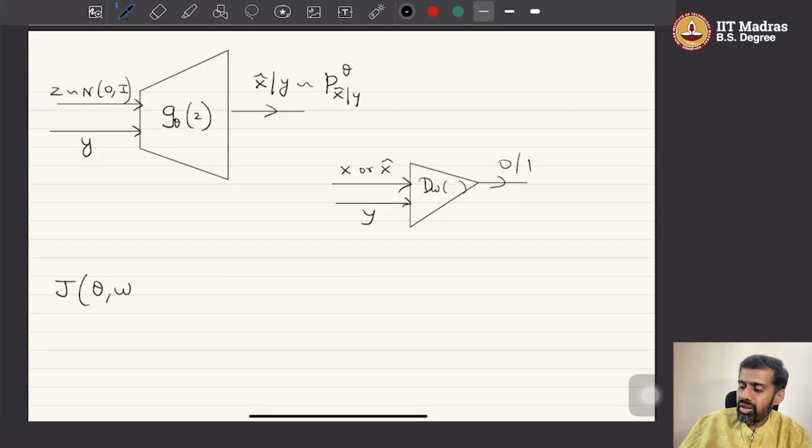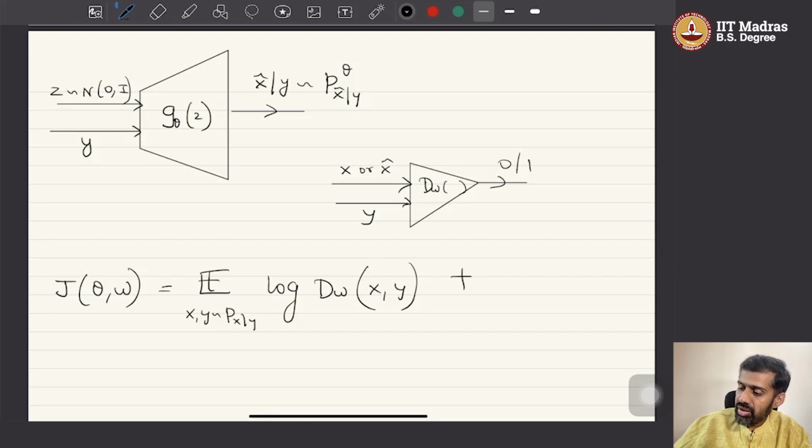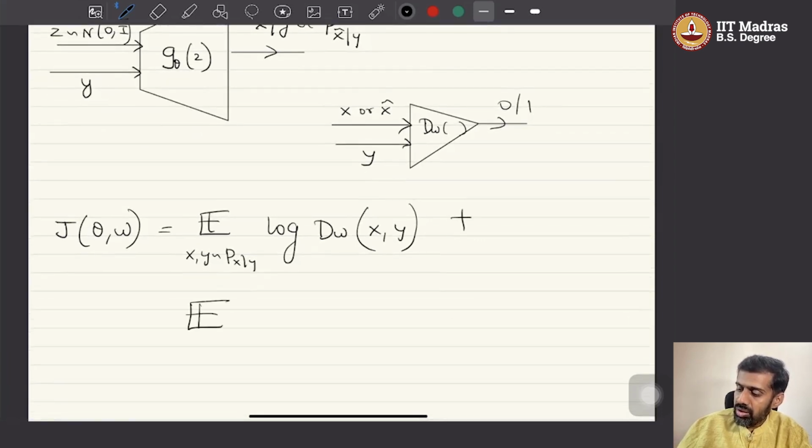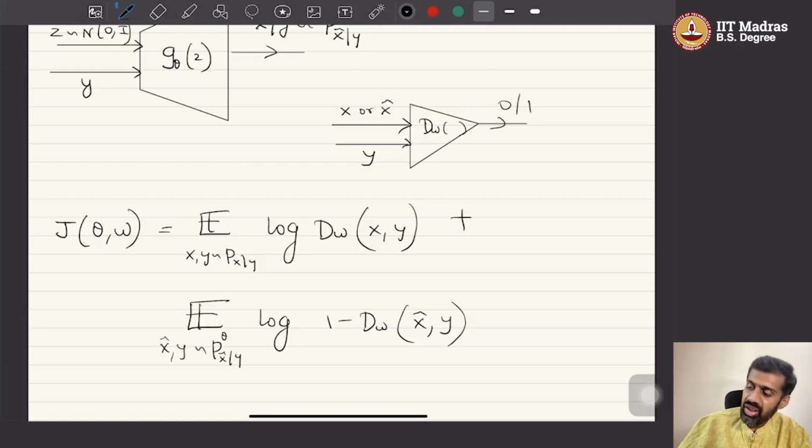We have J(theta, w) as the expectation of log of D_w, which now takes x and y as input, where x, y are sampled from p(x,y), plus the expectation of log of 1 minus D_w of x cap, y, where x cap, y come from p_theta. That's it. Nothing changes.